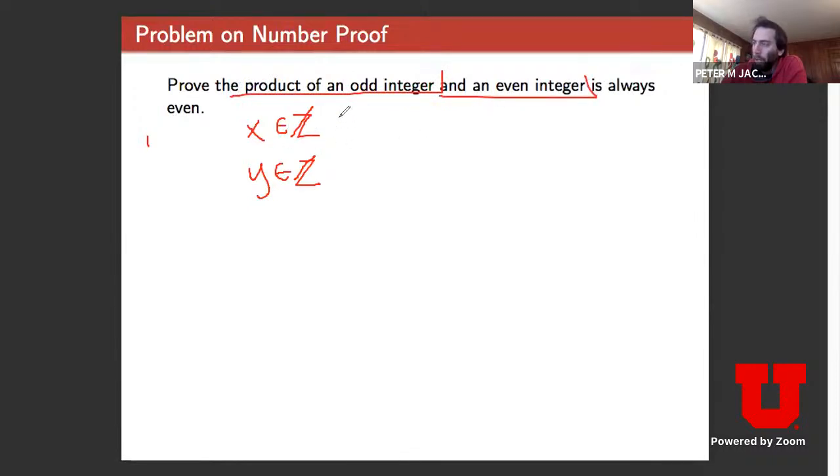So okay, let's let x be even. That means that x equals 2m, where m is an integer. And also, we know that y is going to be an odd integer.